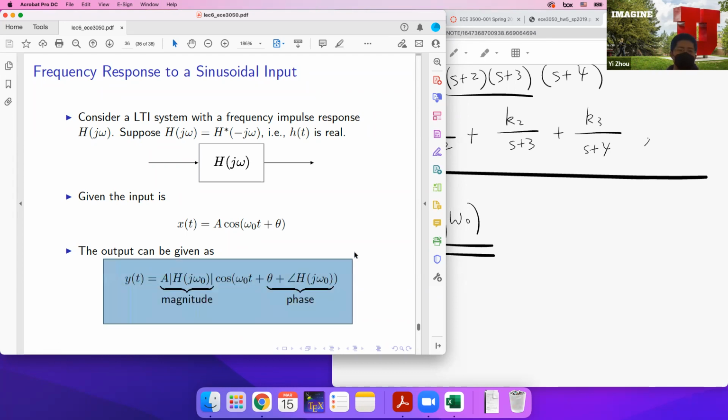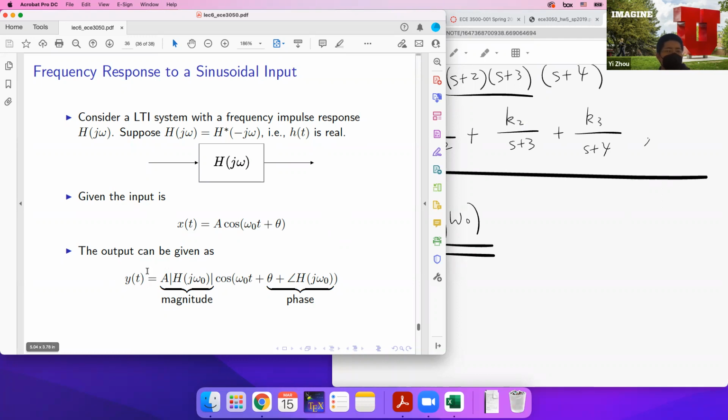And the way to show this is to follow the standard approach. You do a Fourier transform, then you figure out the spectrum of y(t), and then you do an inverse Fourier transform.